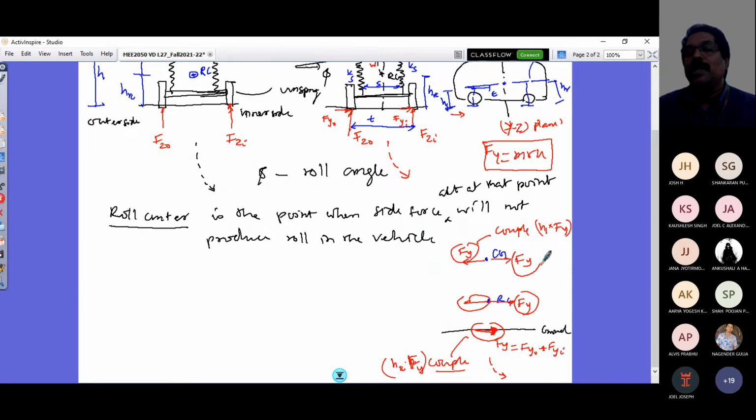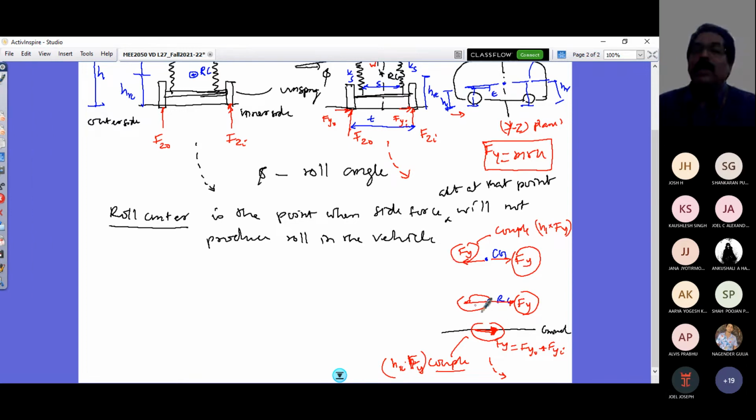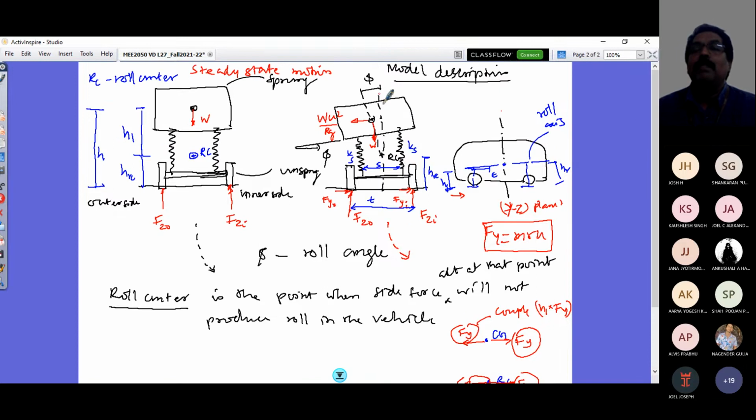So this force is now your required centripetal force in a free body diagram. So these are all equal, where this Fy is replaced by MRU in your diagram. That's all. So these two couples, how are they balanced? This couple is what is inducing the roll in your vehicle, and the roll is counteracted by the roll stiffness of the spring.